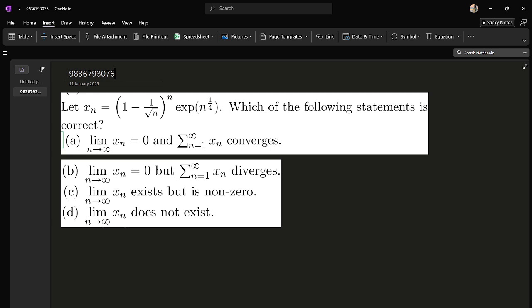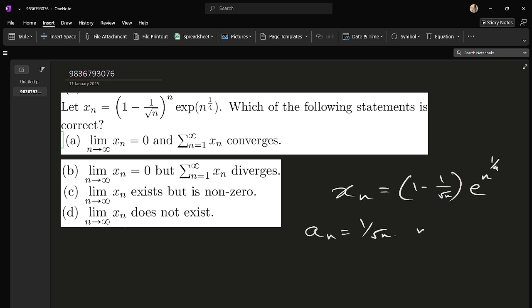So what can be done with this? Firstly we analyze everything and rewrite xn as (1 minus 1 by root n) whole to the power n, into e to the power n to the power 1 by 4. Let an be 1 by root n.